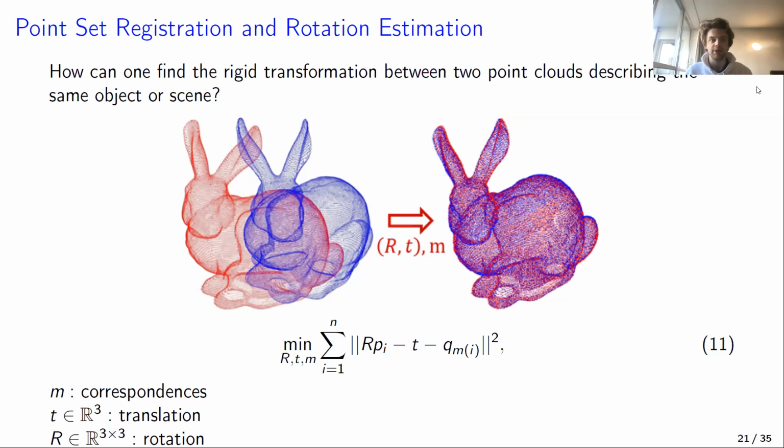The point set registration objective can be formulated in equation 11: if you rotate one point from the one point cloud, then translate it by translation t, then it should match the point from the other point cloud, and the m just indicates that we found the right permutation between those 2 points.